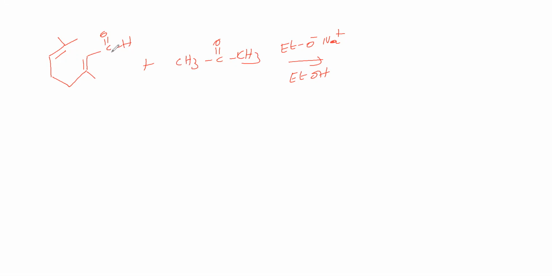So in this part there is no change. Here a double bond, here CH. This O minus becomes OH. Here CH2, COCH3.